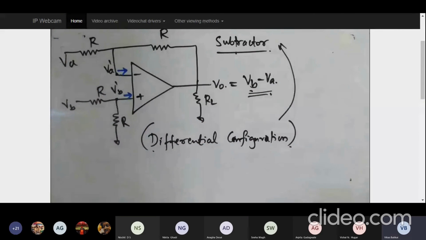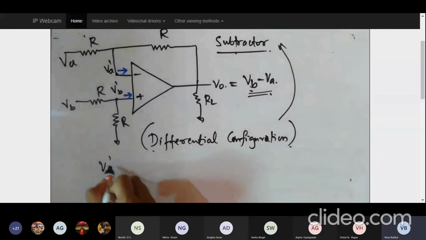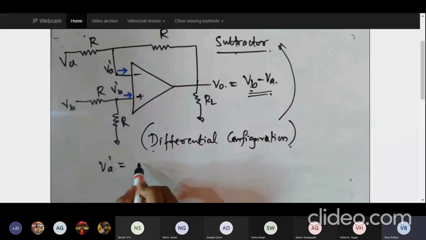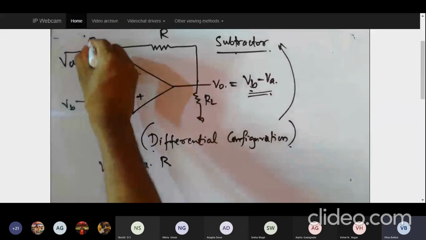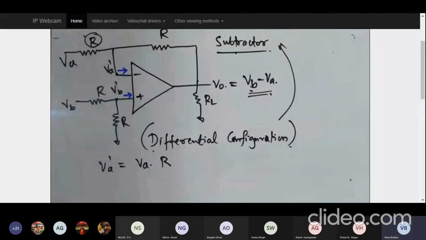So I need VA dash and VB dash. Again, very simple. VA dash comes only because of VA, so I need the voltage divided from VA to become VA dash. So my VA dash is equal to the voltage division happening across this resistance R. Because I have taken all the resistances the same, you may wonder which resistance you are taking.